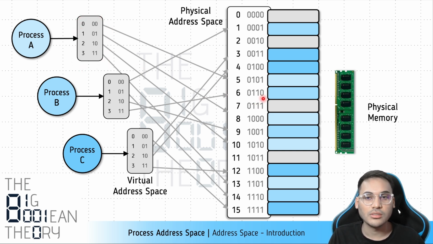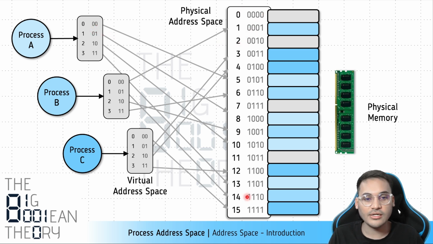So whenever process A wants to access the data at 5, it will say give me the data at address 0, and then it will be translated to 5, and this is how process A will get its data which is present here. Similarly, if it wants the data at physical address 10, it will say give me the data at virtual address 2. It will then be translated into 10, and that is how the process will have its data.